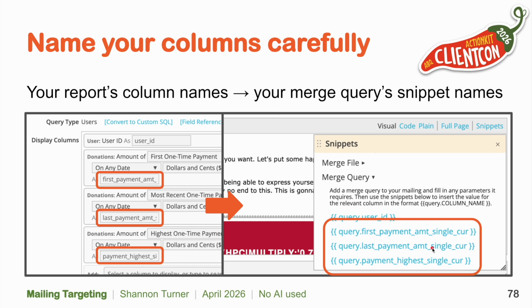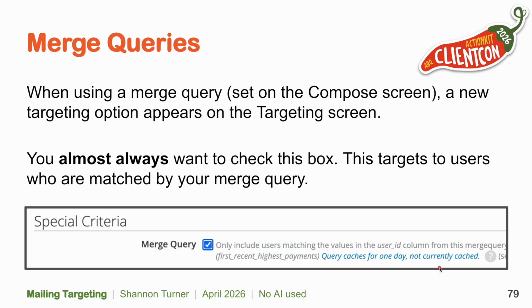Now, there's nothing wrong necessarily with leaving them as is. It might just be a little bit harder to follow what payment highest single cur means. So having sensible names for your columns will make your snippets and then your mailing much easier to understand. I think something like highest one-time donation would be a little bit better here.